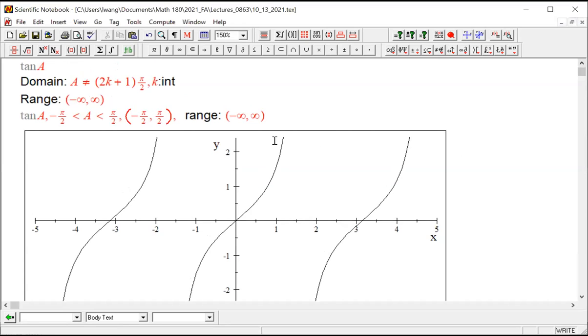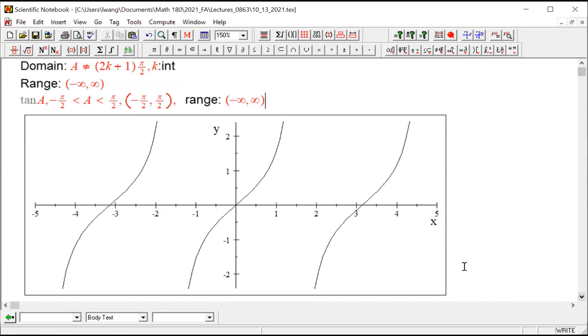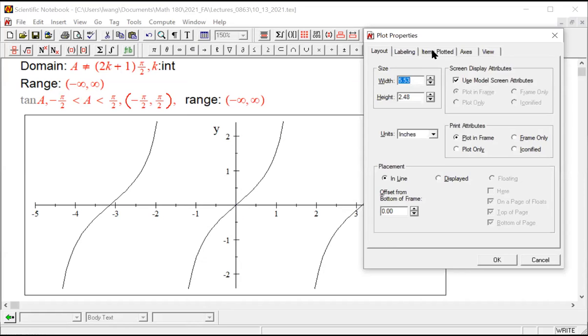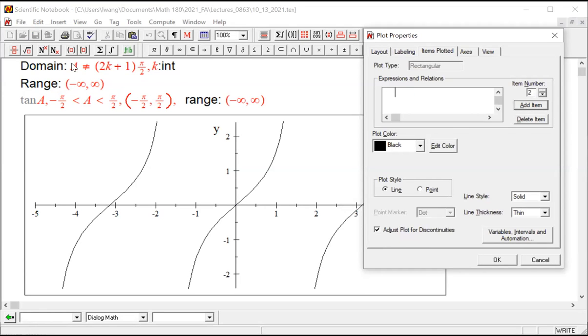Now I want you guys to do one thing for me, to see how much you understood. What I'm going to do is draw these vertical asymptotes, and you're going to identify some points and lines.